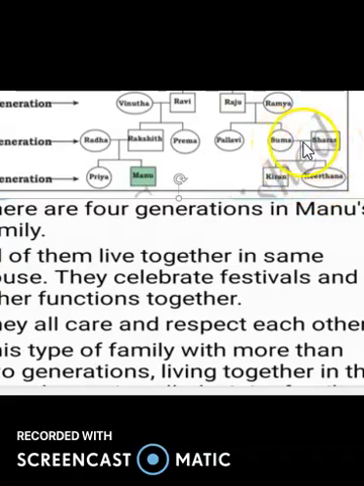Suma is also Manu's auntie. Sharan is Suma's husband and they live with their children, Kiran and Kirtana. Now, 4 of them living in a single family with only one generation, isn't it? So, this is called a nuclear family.